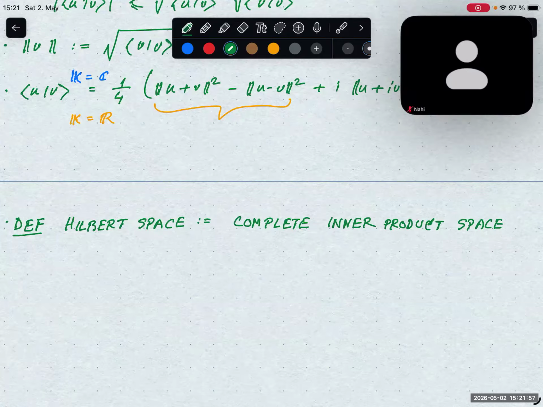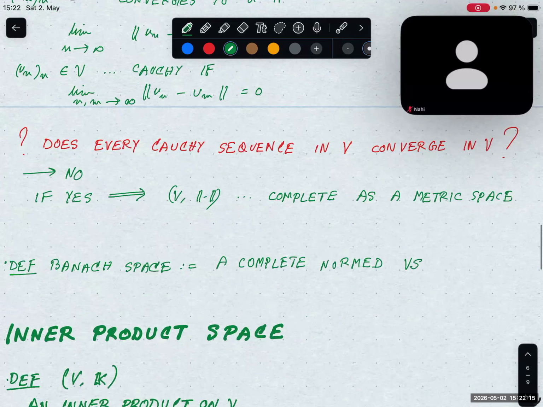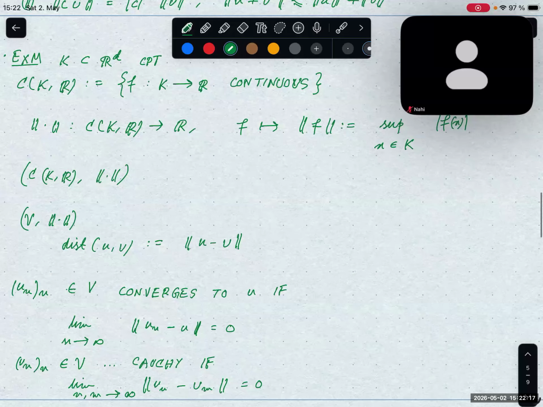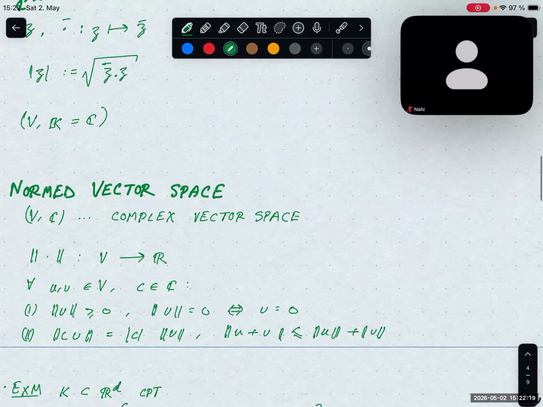Is there any question regarding what a Hilbert space is? Did we define completeness? Yes, we did yesterday, so we can go back.